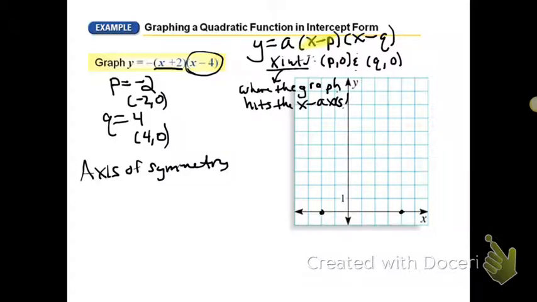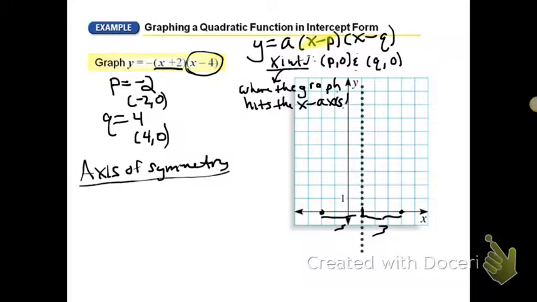It seems like the halfway point is right here at 1, and I think that is the case because I can go 3 units to the right and 3 units to the left, right? 3 units that way, and 3 units that way, and this is definitely the halfway point. So in this particular problem, getting the axis of symmetry isn't really that tough. Sometimes it's not quite as obvious.